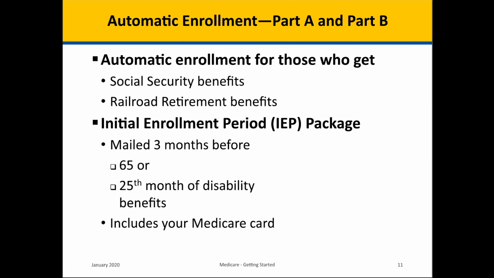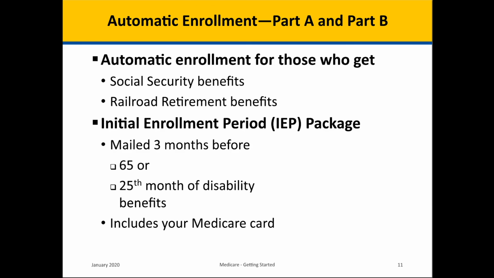Let's talk about enrolling into Medicare. When is Medicare enrollment automatic? If you're already getting Social Security or railroad benefits, you'll be automatically enrolled in Medicare Part A and Part B without an additional application.